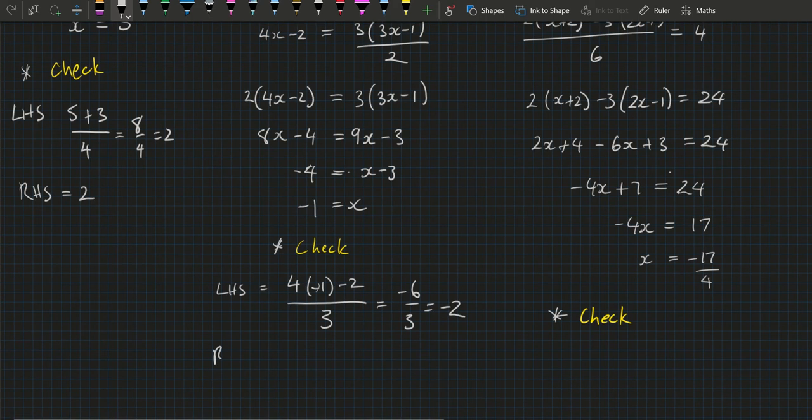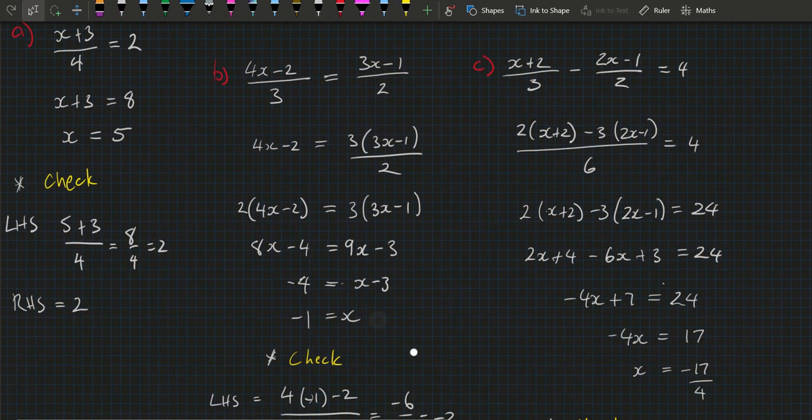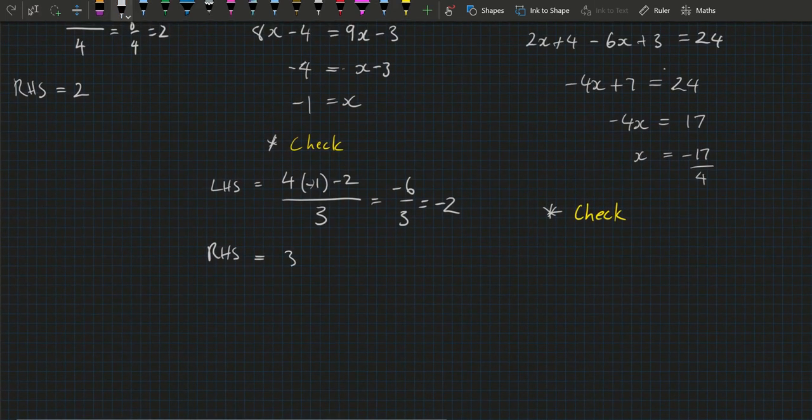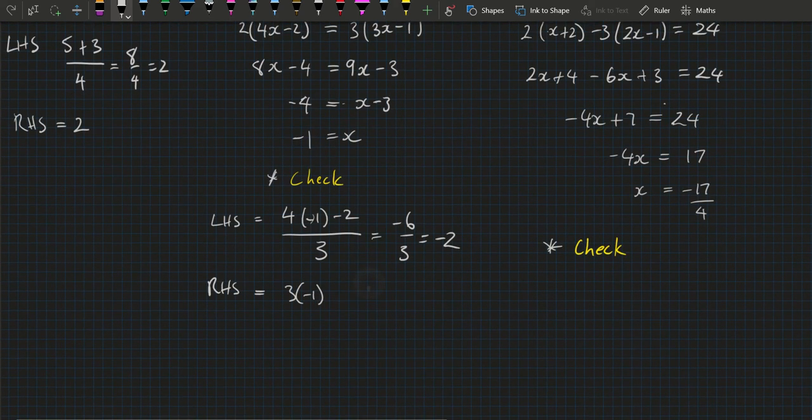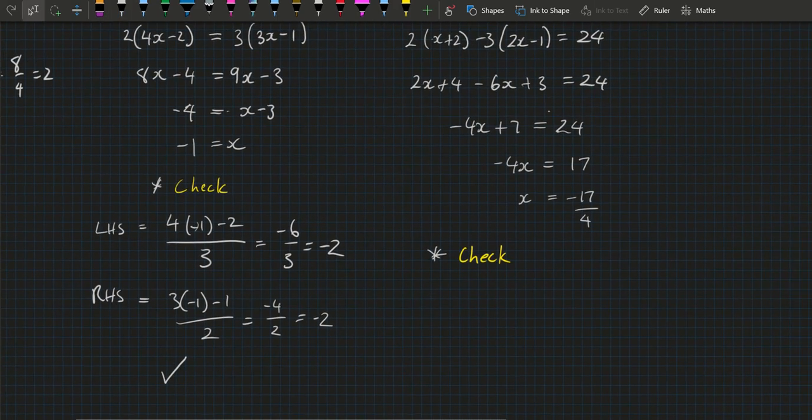And my right hand side is equal to 3x minus 1 on 2. So 3 times minus 1, was it right? Minus 1, all divided by 2, equals, so it's minus 3 minus 1, so minus 4 on 2 equals minus 2. Ka-ching! That was very good.